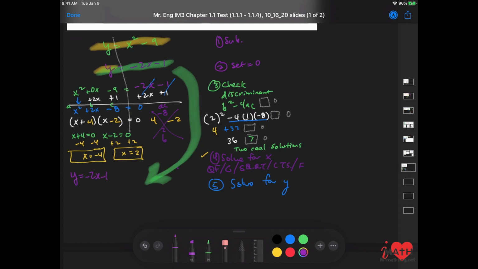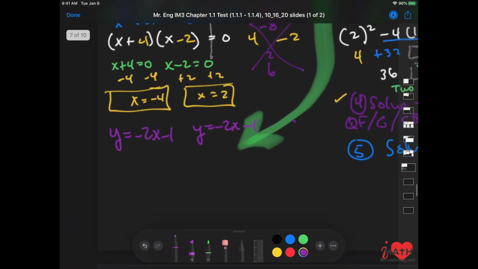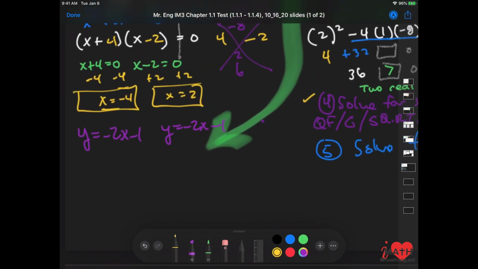Too many problems here. Okay. So now I'm putting this one here, and this one here. Okay? Y equals negative 2 times negative 4 minus 1. So negative 2 times negative 4 is positive 8, and you get 7.